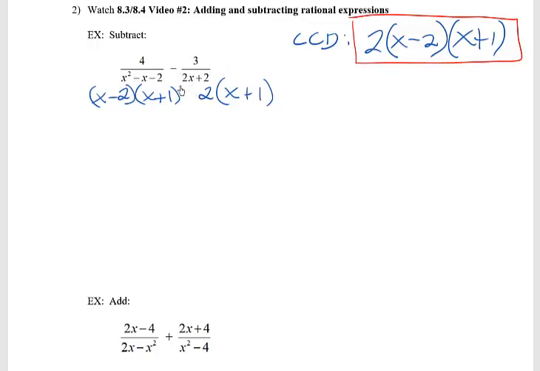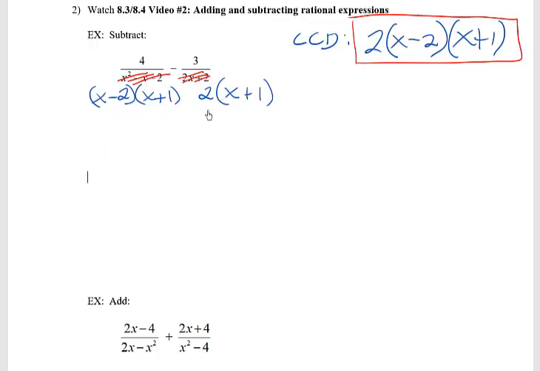What we are saying is that we need to change these fractions from the denominators they used to have into this new LCD. When I factor the denominators, by the way, I usually cross off the old one because I really don't need to look at that anymore.